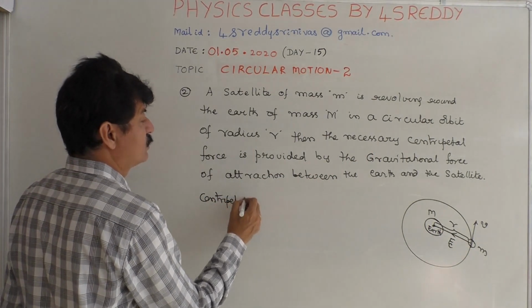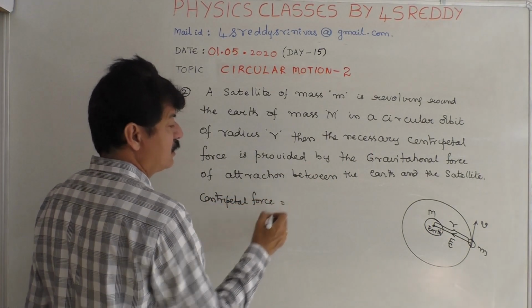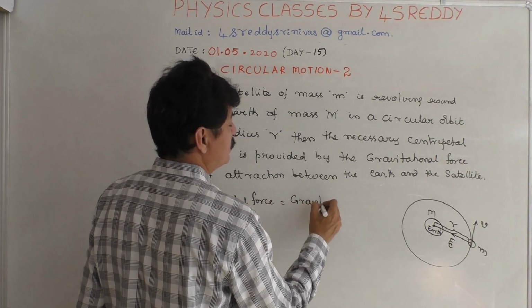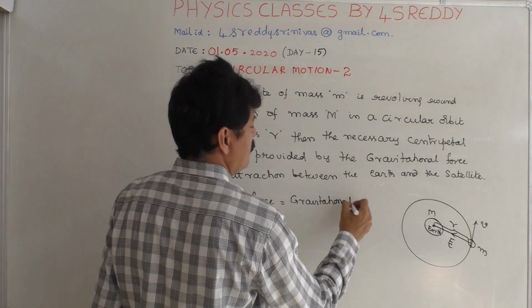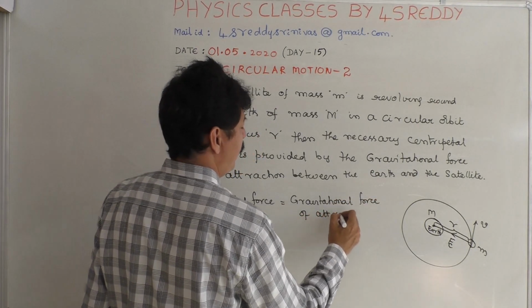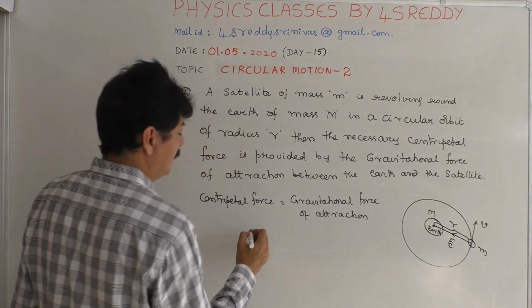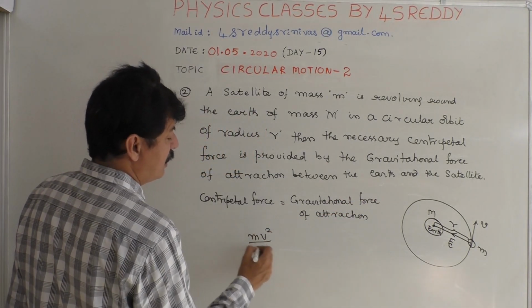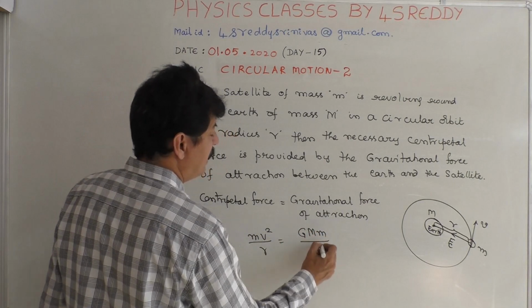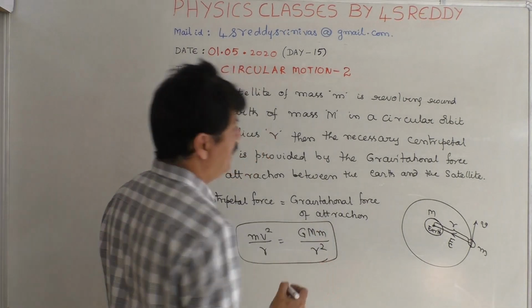Centripetal force is equal to gravitational force of attraction. That is, mv square by r is equal to capital G capital M small m by r square.